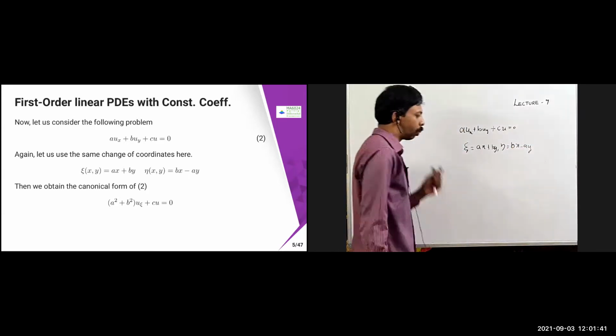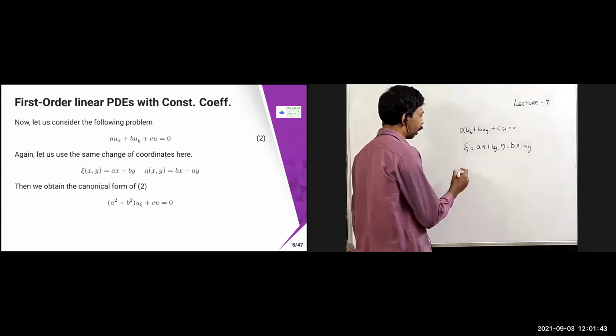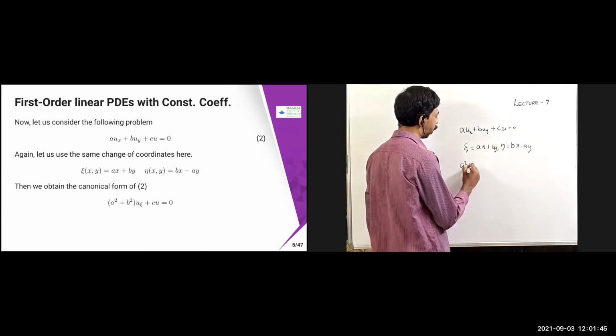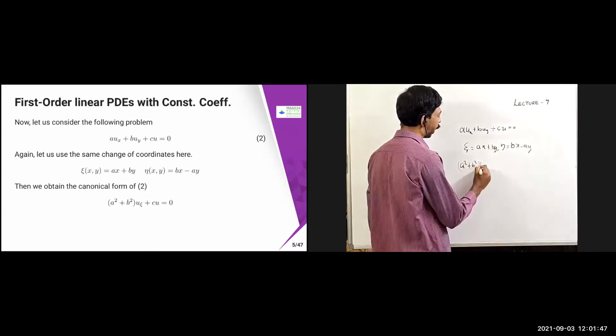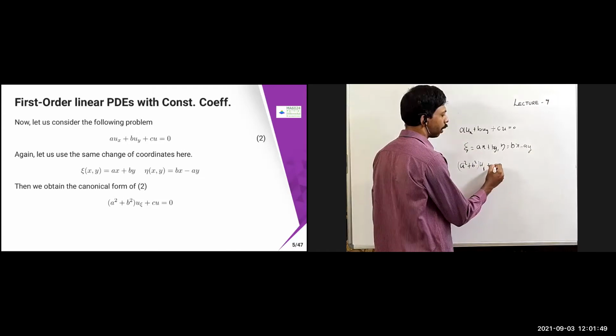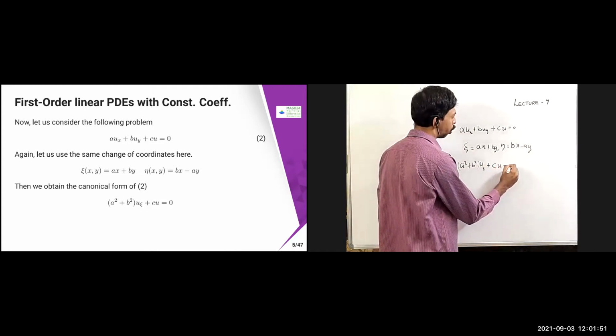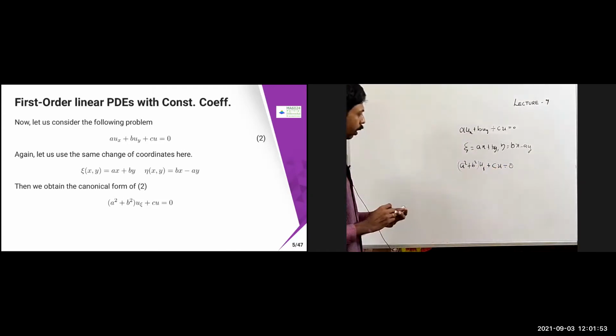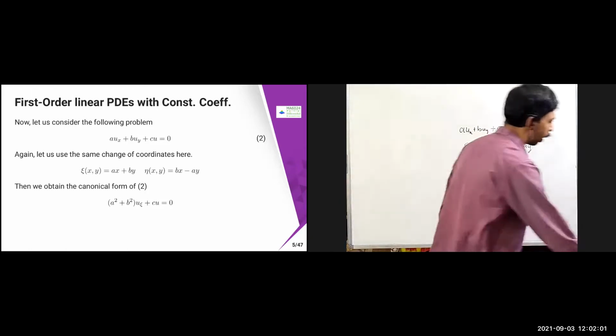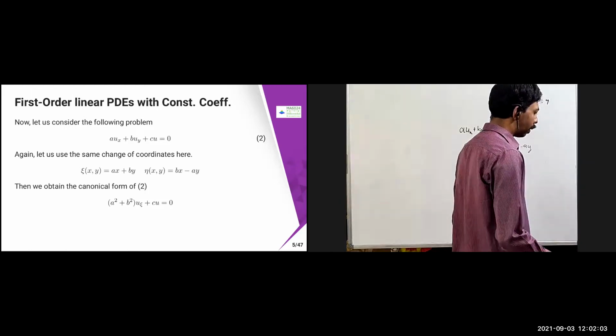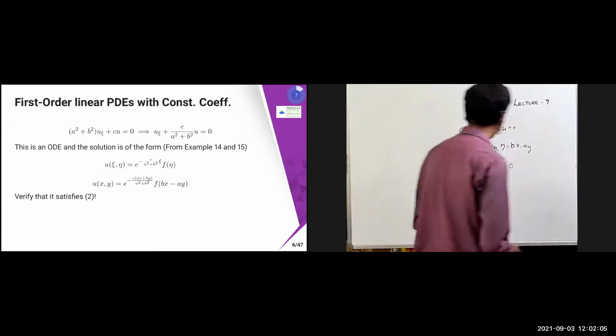If you transform this problem, it will become (a square plus b square) u_chi plus c u equal to 0. We have seen that in the earlier one, the same kind of setup we are going to use here. So what is the answer going to be?